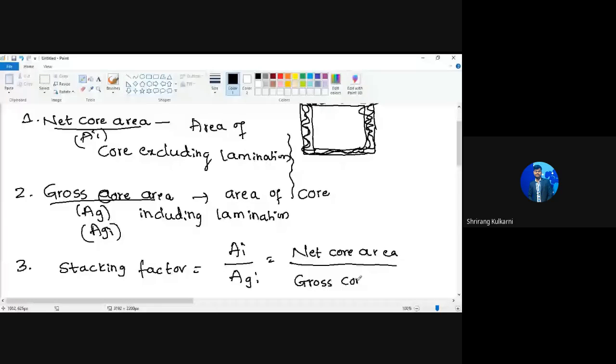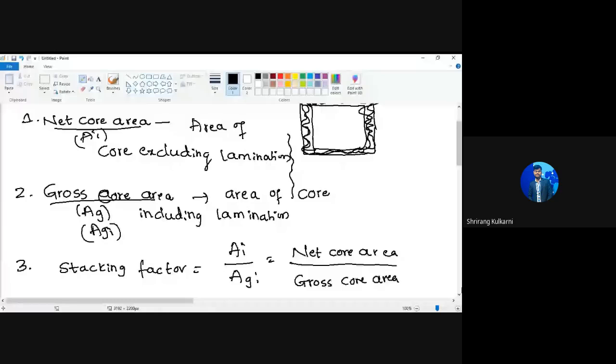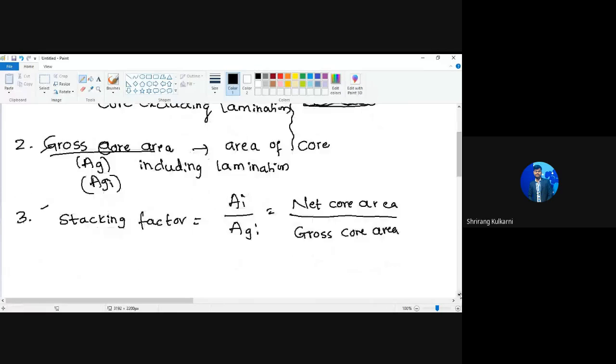So we have studied three things today: net core area, gross core area, and stacking factor. The stacking factor is the ratio of net core area by gross core area.